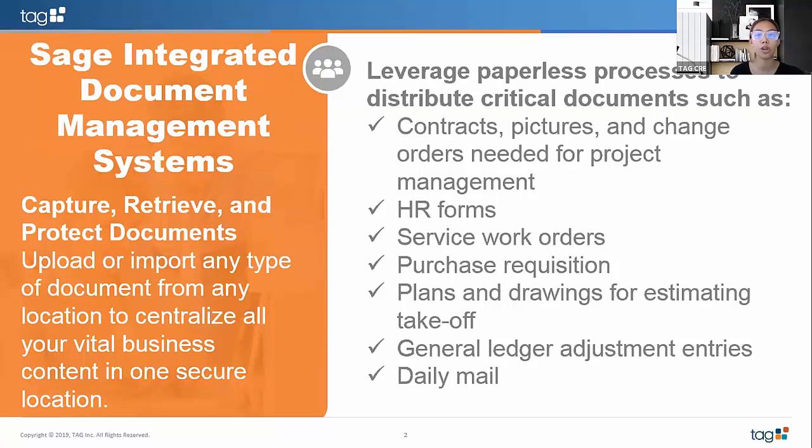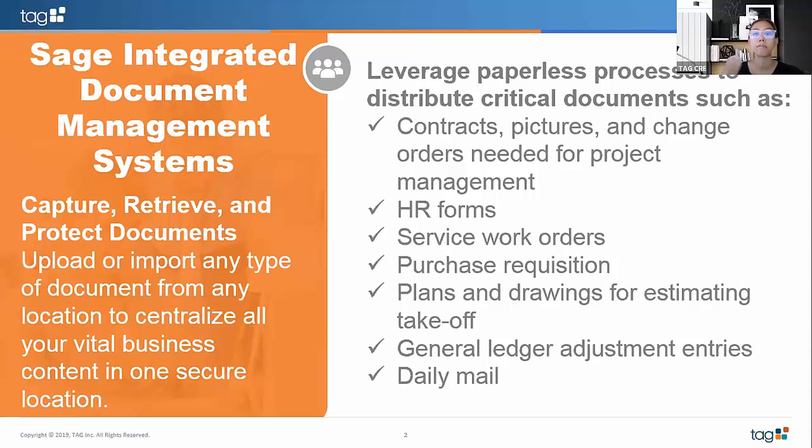Essentially, it's going to be replacing your file cabinet, anything from actual signed contracts, pictures, change orders, HR forms, or work orders out in the field. These types of documents can really bog down your back office.